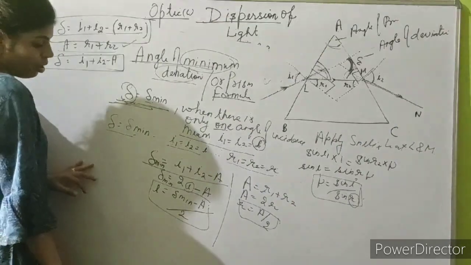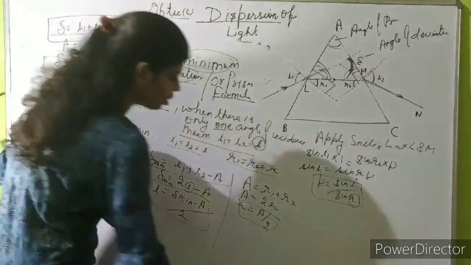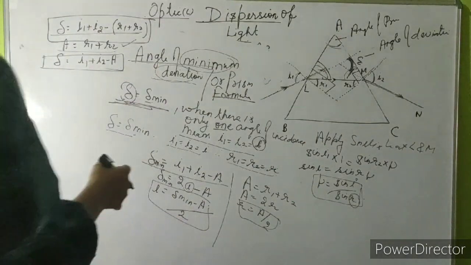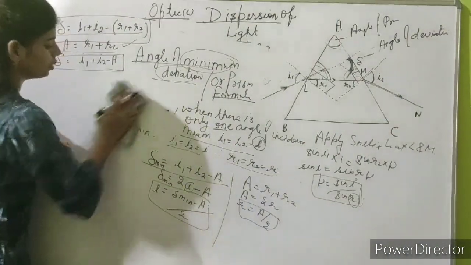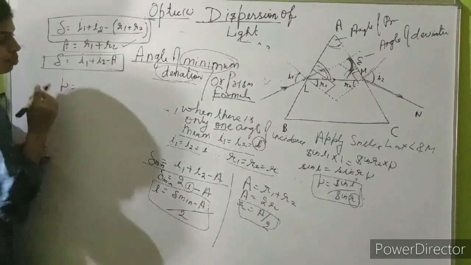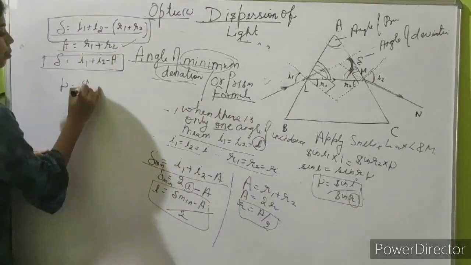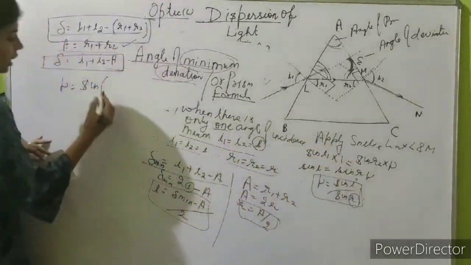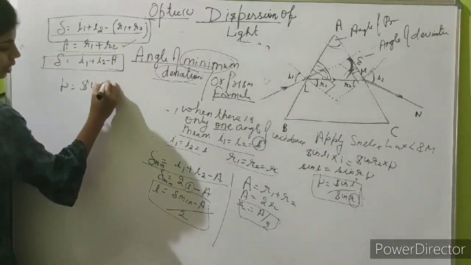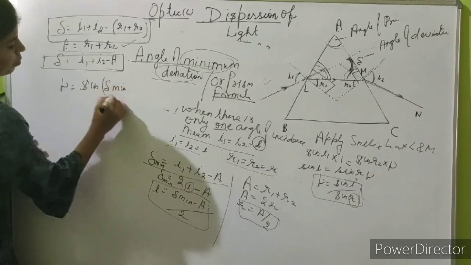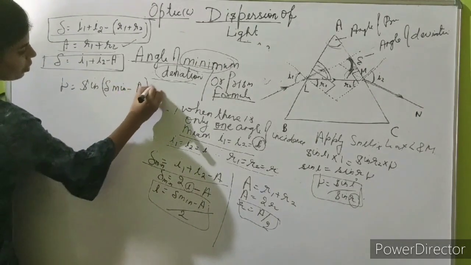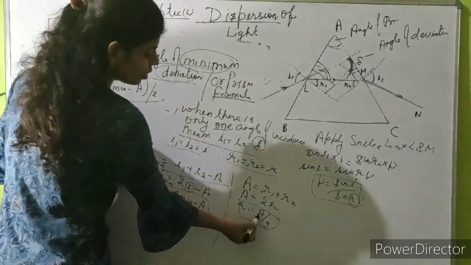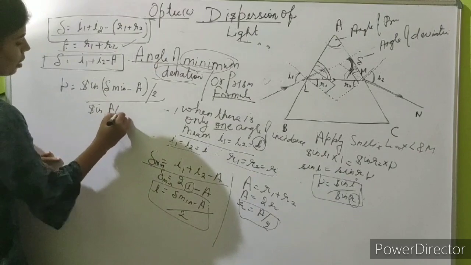Now we know that mu is equal to, रब कर देते हैं यहाँ से, mu is equal to sine of I. In place of I we can write delta minimum minus A divided by 2 over sine of R. R can be replaced by A by 2.